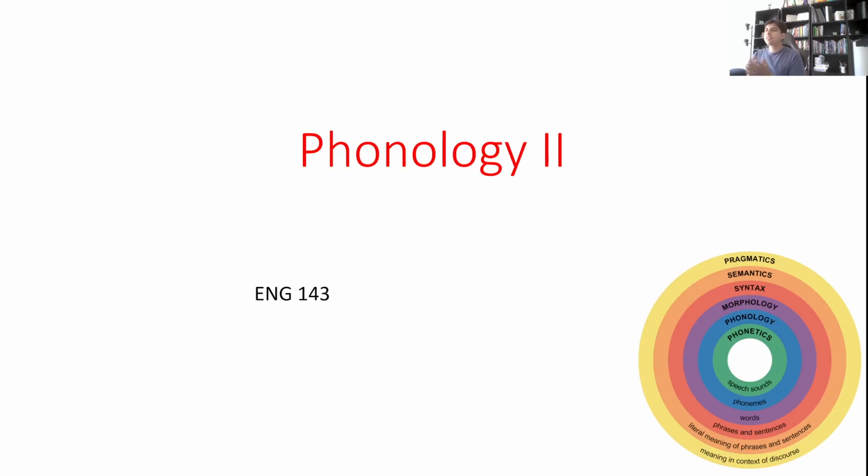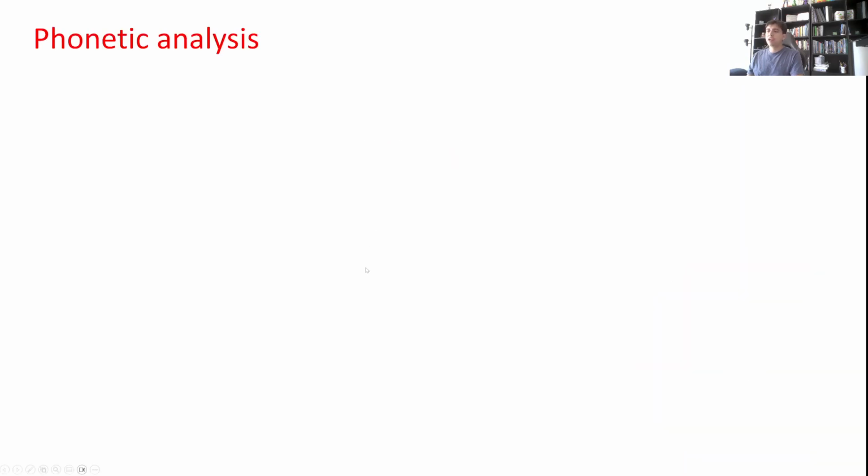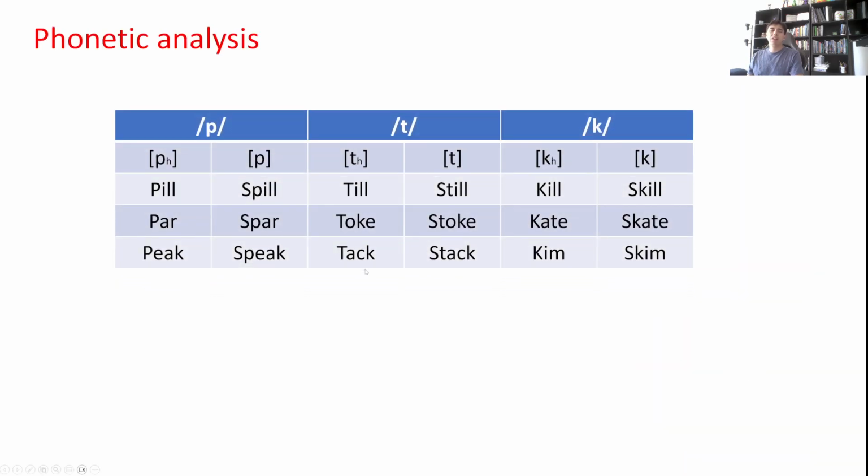Hi everyone, this is the second part of phonology, and we are going to start with one exercise that we left last class. It was a phonetic analysis of some sounds that have something in particular. They are stop sounds, P, T, and K, and they are voiceless sounds.